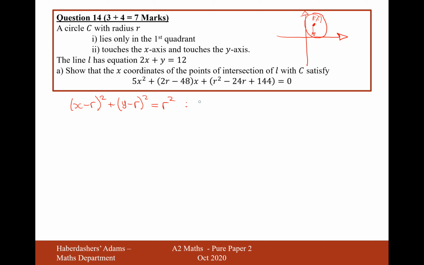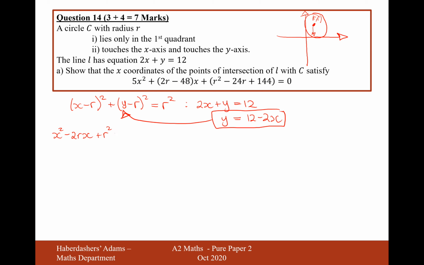And we also have the equation 2x plus y equals 12. Now let's rearrange this to y equals 12 minus 2x and do some simultaneous equation work, substituting it in here. I think we need to expand the brackets as well: x squared minus 2rx plus r squared plus y squared minus 2ry plus r squared equals r squared.